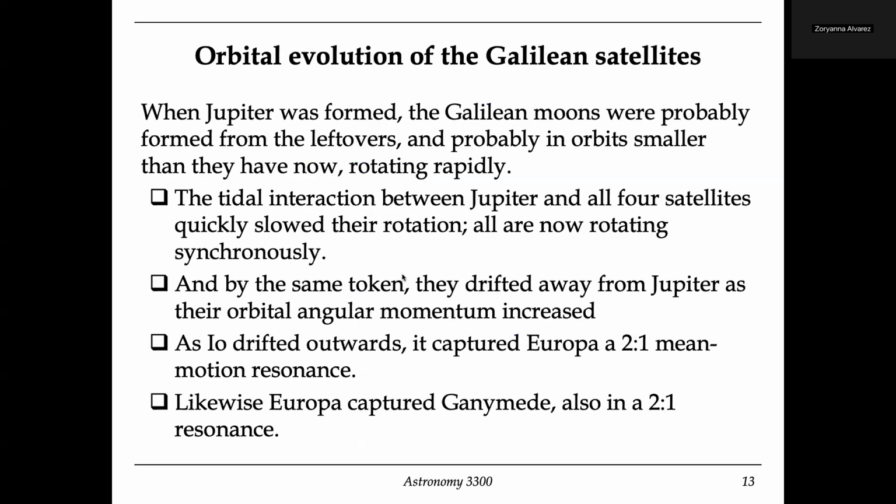Okay. When Jupiter was formed, the Galilean moons were probably formed from the leftovers, that disk. We'll see pictures or simulations of it. They probably started in orbits much smaller than they have now, much closer to Jupiter, and they were rapidly rotating in the disk.